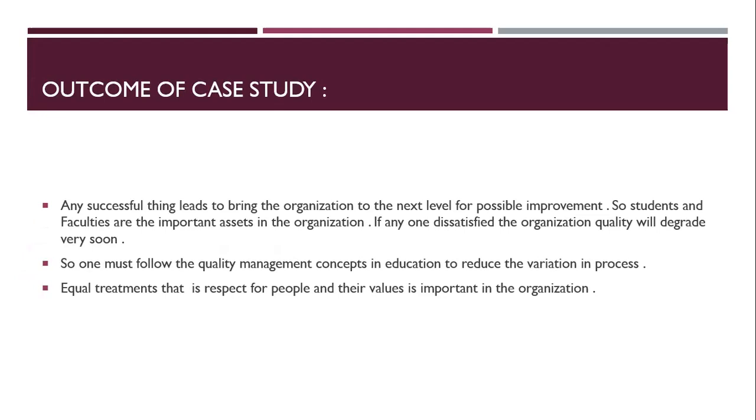So one must follow the quality management concept in education, in order to control the variation in the daily process plan of teaching, learning, activity, students' mentoring, etc. Equal treatment, that is, respect for people and their core values, is highly important in the organization.